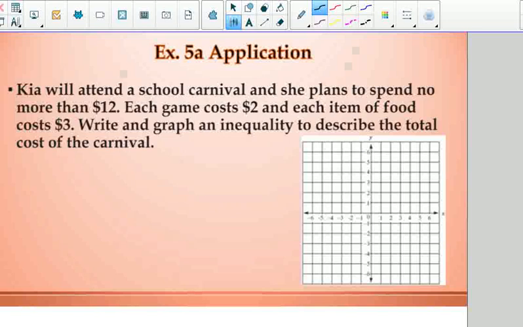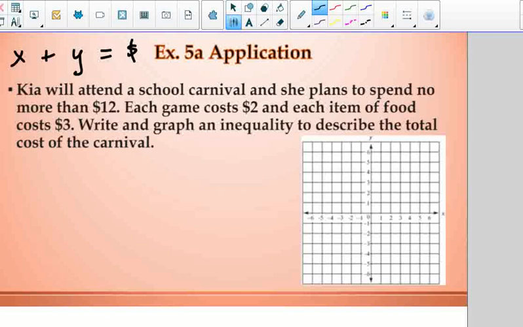And an application problem. Tia will attend a school carnival and she plans to spend no more than $12. Each game costs $2 and each item of food costs $3. Write and graph an inequality to describe the total cost of the carnival. For these, we need to make sure that it's in this format: x plus y has to equal your total money.